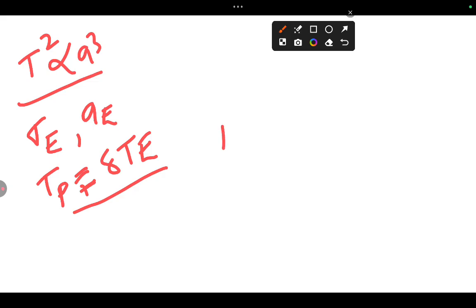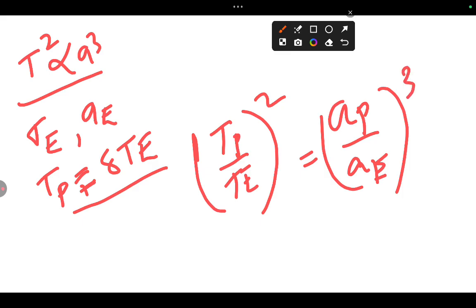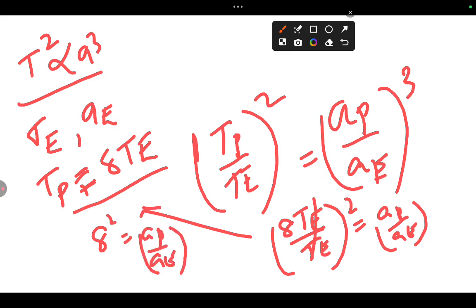Now using Kepler's law, (Tp/Te) squared equals (Ap/Ae) cubed. What is Tp? Tp is nothing but 8Te. So (8Te/Te) squared equals (Ap/Ae) cubed. So 8 squared means 64. 64 equals (Ap/Ae) cubed.